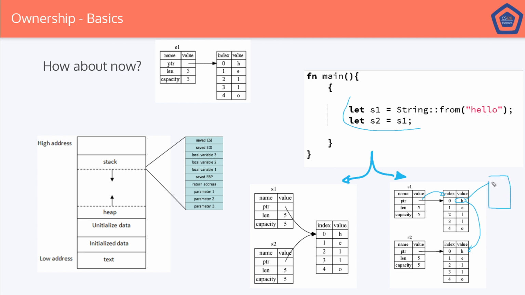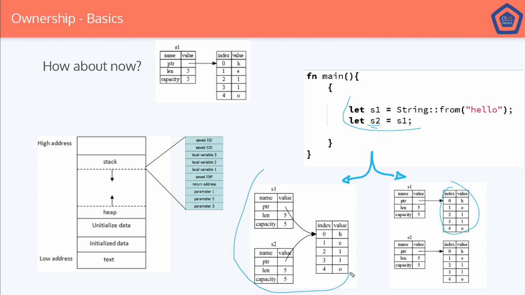Things can get messy pretty fast because you have to kind of recursively make sure you're copying each and every part of it. And so that's not really ideal. Additionally, we want to be able to kind of work with the same thing, right? If we, for example, said S1 equals some new value, we might want that to be reflected in S2 as well, since they're technically talking about the same object.